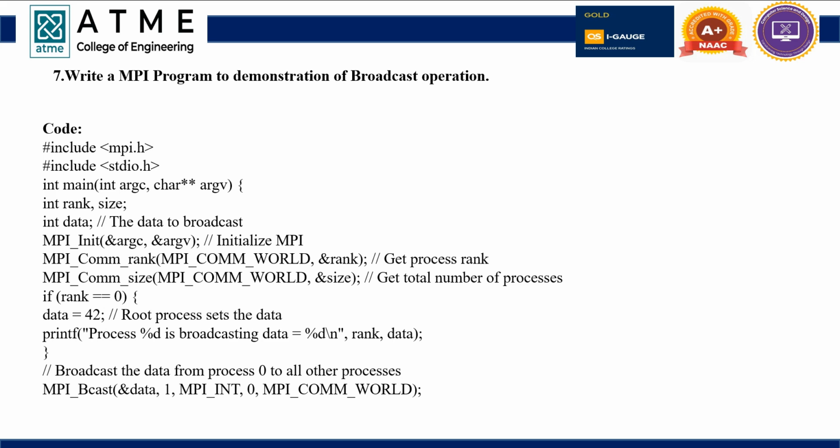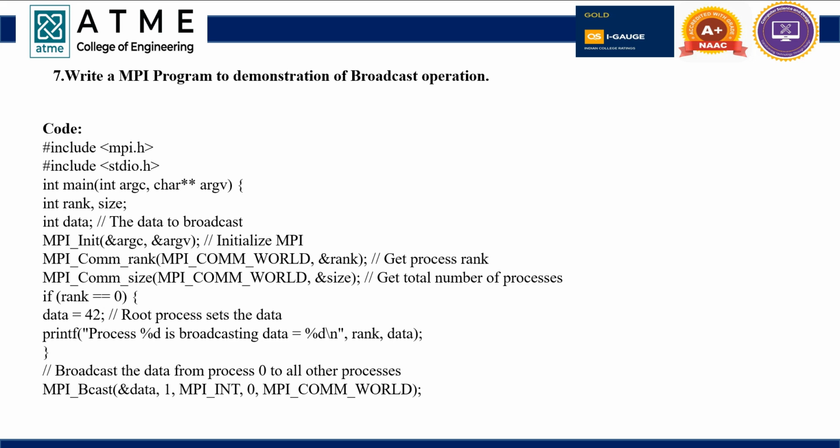Rank is the rank ID of the process and size is the total number of processes. Int data is the data to broadcast, that is, the variable that will be broadcast to all the processes.